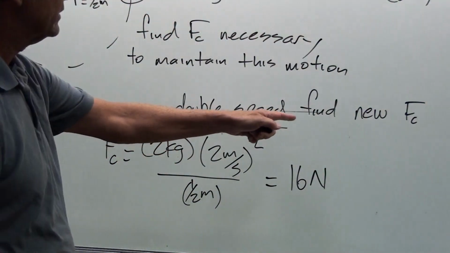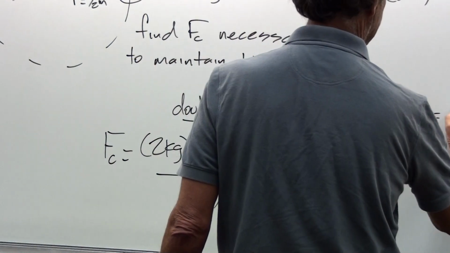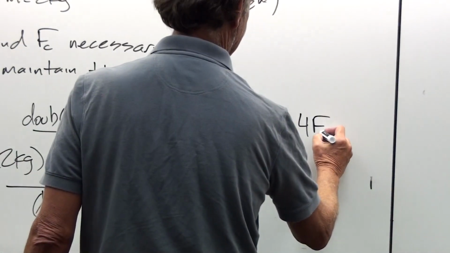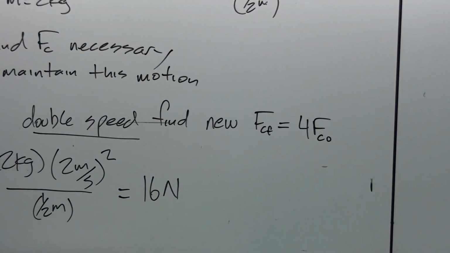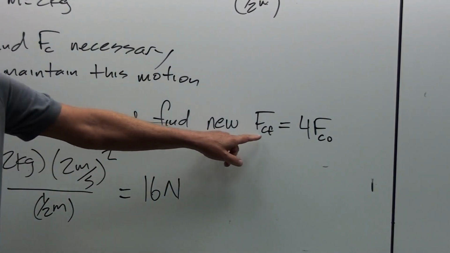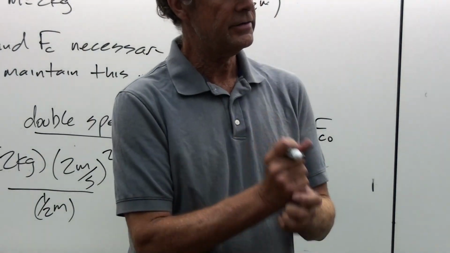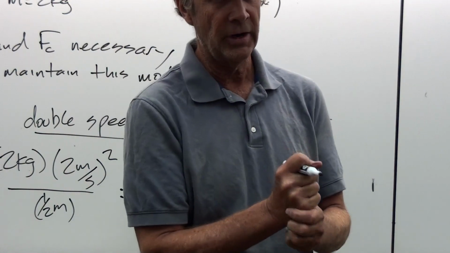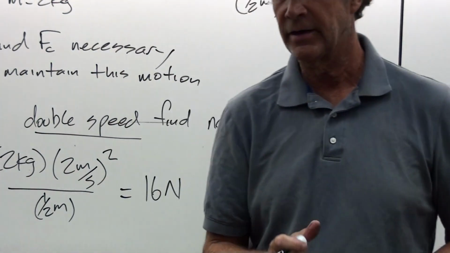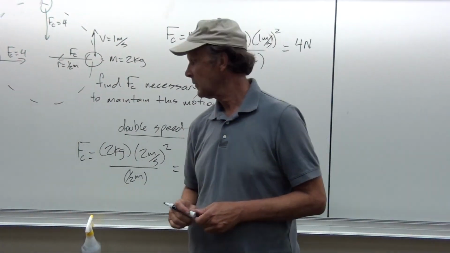So doubling the speed means that F_c final is equal to 4 times F_c initial. And if I tripled the speed, it would go up by a factor of 9. So it gets harder and harder to get the object with the same mass and radius to go round and round in a circle as the velocity gets higher.